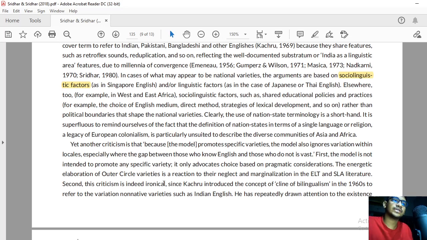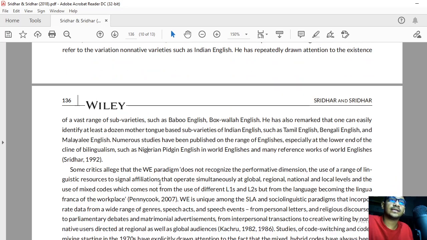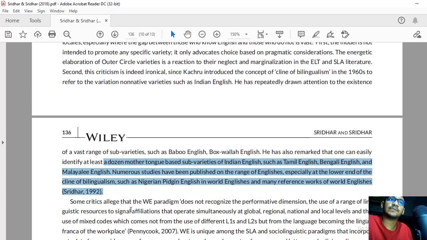So that is the answer to the criticism that Kachru's three circles of World English doesn't cater to many variations. Of course, he knew about the variations. He studied Indian English, and he said that there were at least a dozen mother tongue based sub-varieties of Indian English, such as Tamil English, Bengali English. So yes, he was obviously aware of this, and he wrote about it. Of course, in his three circles model, he couldn't give so many details as he could in a paper.